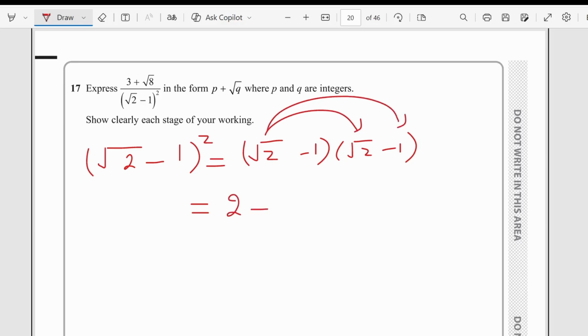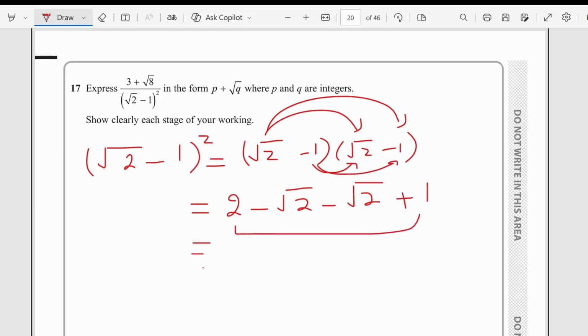Then square root of 2 times minus 1 would be minus square root of 2. Then minus 1 times square root of 2 would be minus square root of 2. Then minus times minus 1 is plus 1. So the simplified form, we are going to add like terms, that would be equal to 3. Then these two would be minus 1 square root of 2 and minus 1 square root of 2 would be minus 2 square root of 2.